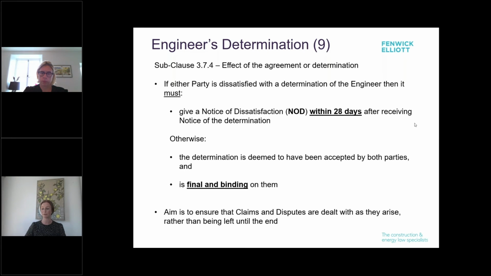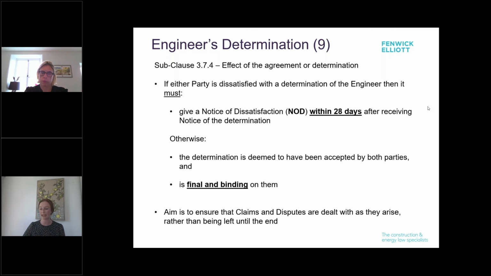There's no equivalent provision in the 99 Yellow Book, and in that 99 Yellow Book, the engineer's determination is said to be valid unless and until revised under subclause 20. And there's no corresponding risk that we see in the 2017 Yellow Book that a party might lose its right to make a claim further up the line.